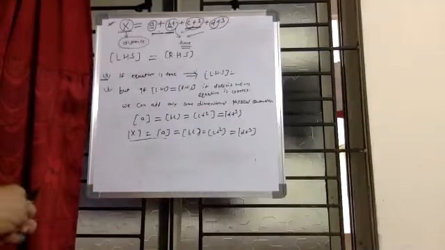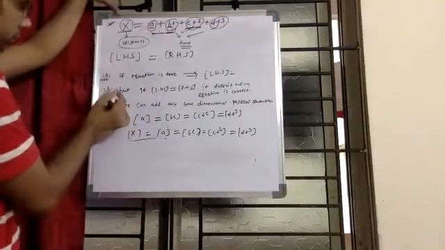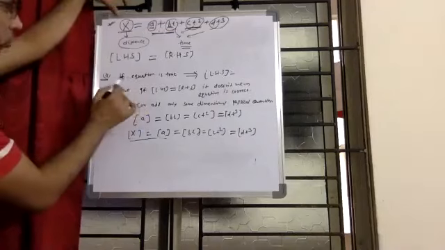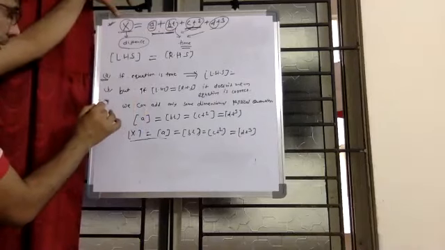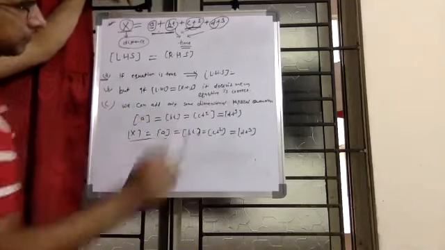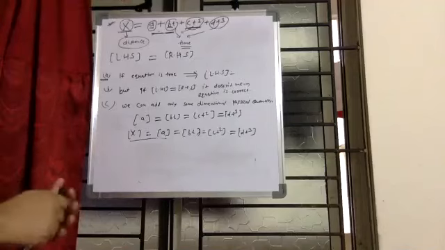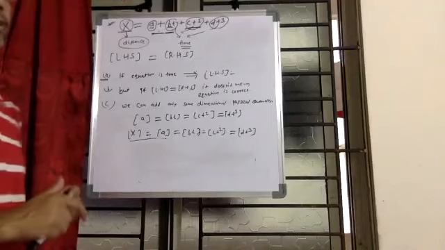Okay. So we'll go through these 3 points I have mentioned. We can add only same dimensional physical quantities. So that's just the same thing. Just think like mass cannot be added with time, right?